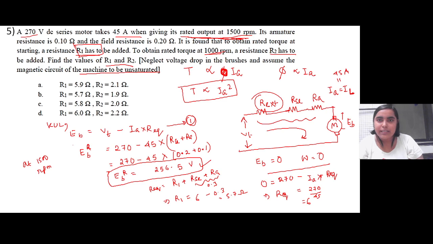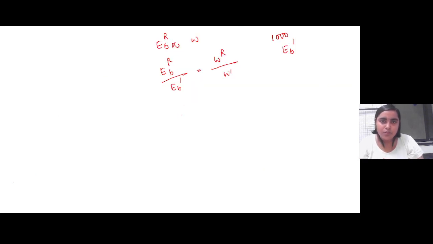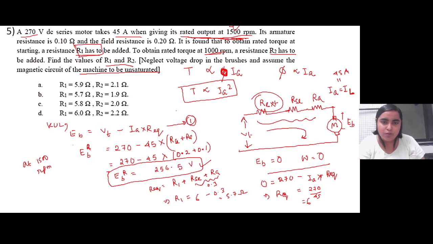We know EB is directly proportional to omega. So in the case when it is rotating at 1000 rpm, let it be EB dash. So EB by EB dash, this being the rated one, is equal to omega rated by omega dash. Now omega rated is given as 1500 rpm in the question. So we have EB rated is 256.5.